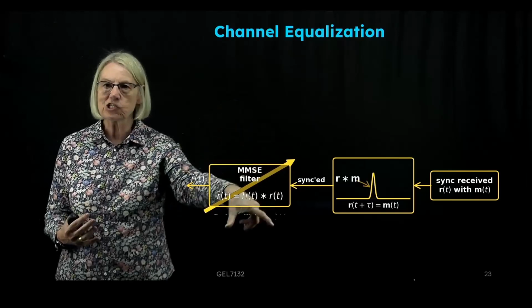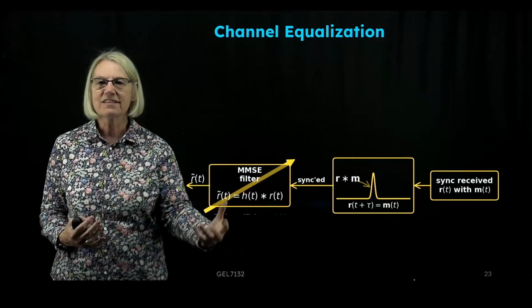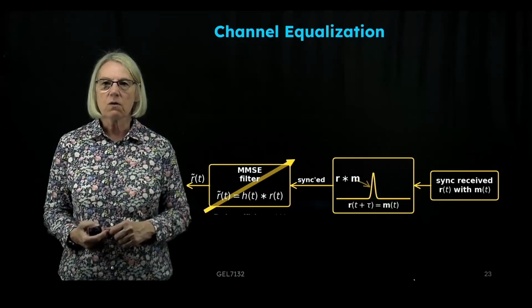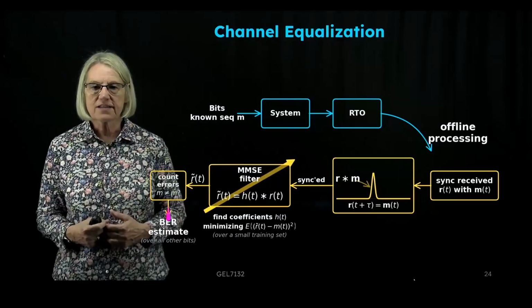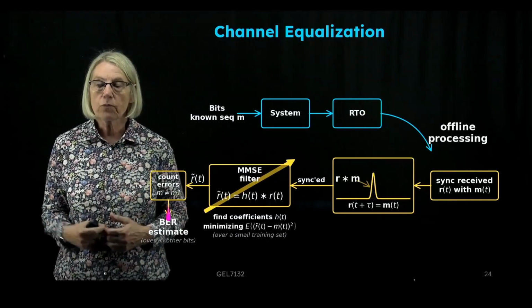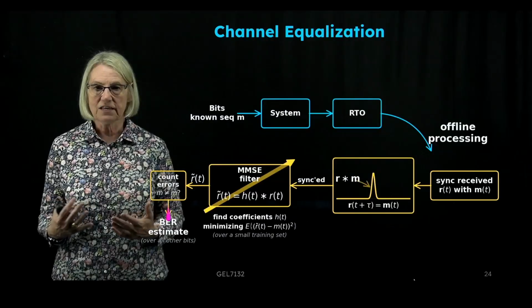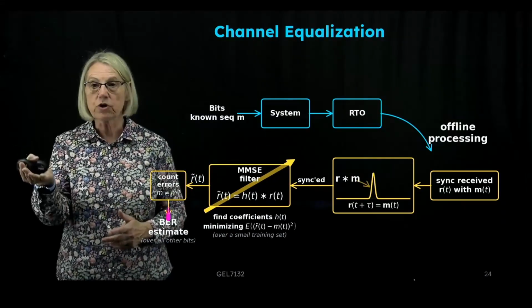I put a filter in my post-processing, in my offline signal processing, that is going to improve the performance of my system. There are many ways that we can do equalization. For instance, I could do a more realistic estimation of the coefficients of the filter than what I described earlier.